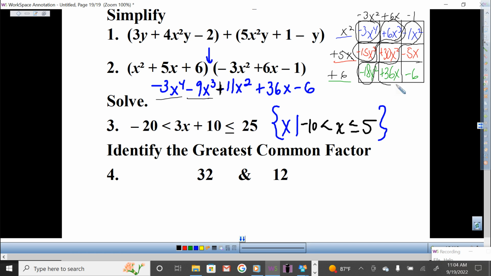Then we got 36x minus 5x, that's 31x. Frida, let's go from the corner. 31x and minus 6. Thank you. All right, hands, have you got that?